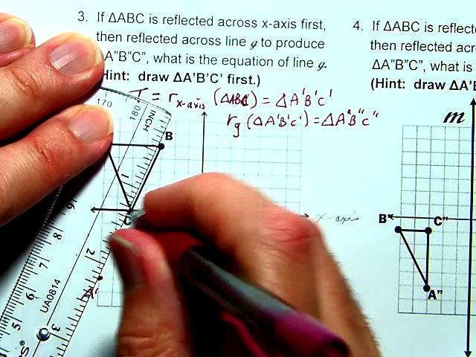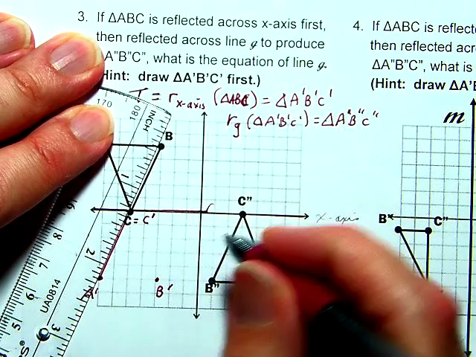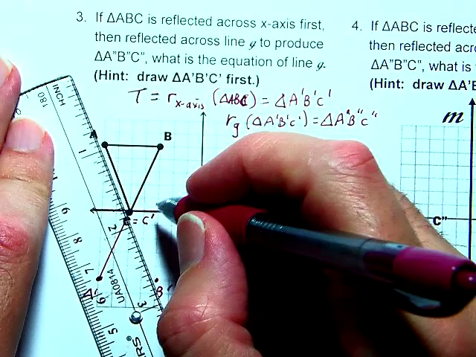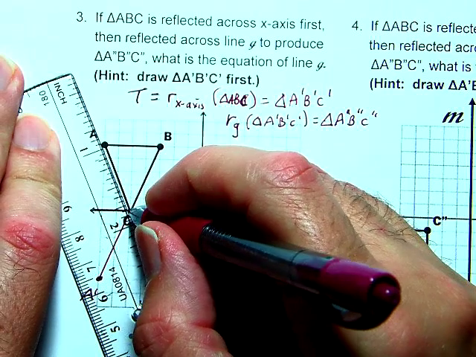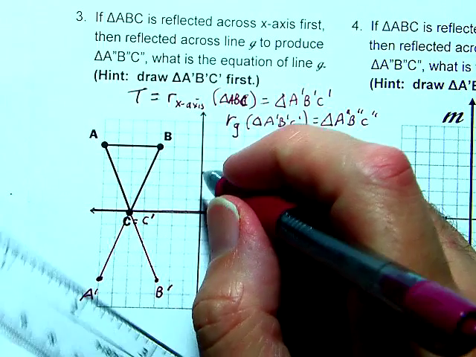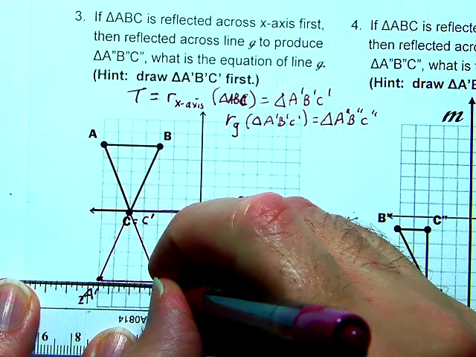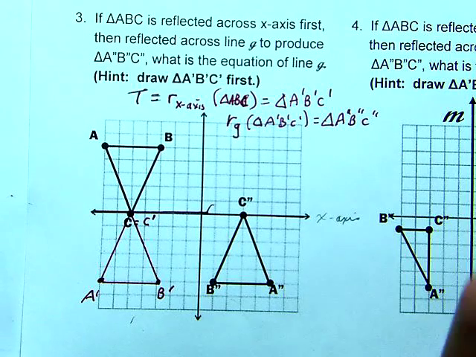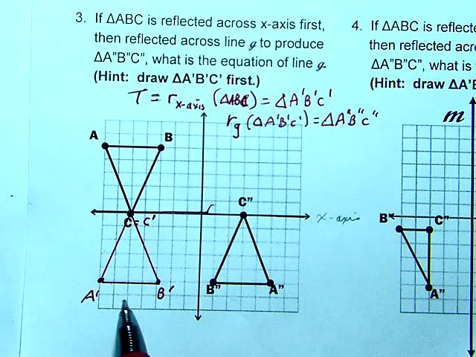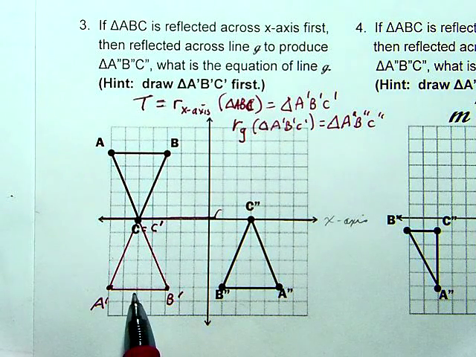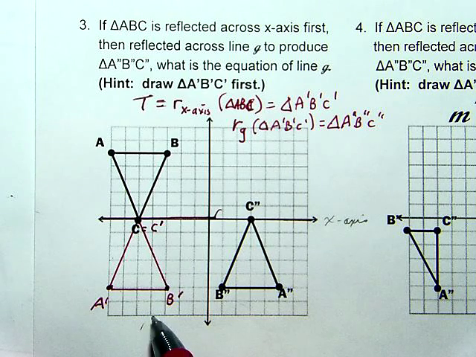Let's draw it in. So there we've got our missing link. This is the triangle that then is reflected to create this triangle to the right.